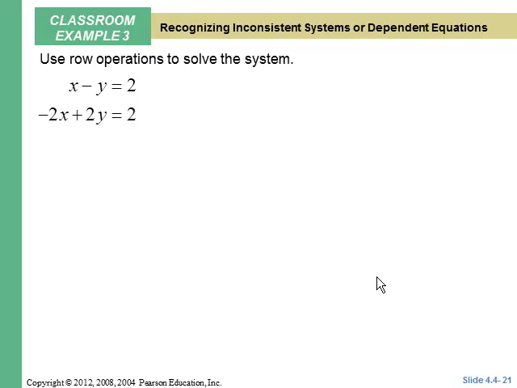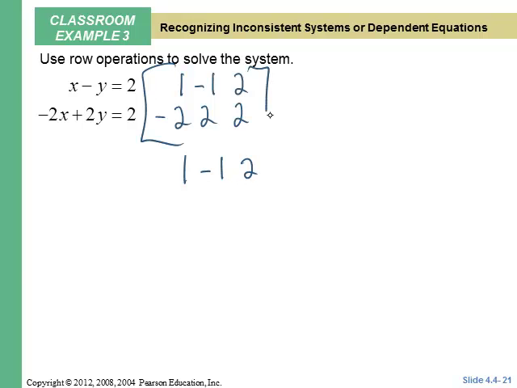Now, sometimes you get inconsistent or dependent equations. Let's look here: 1, negative 1, 2, negative 2, 2, 2. In this case, the first row is 1, negative 1, 2.